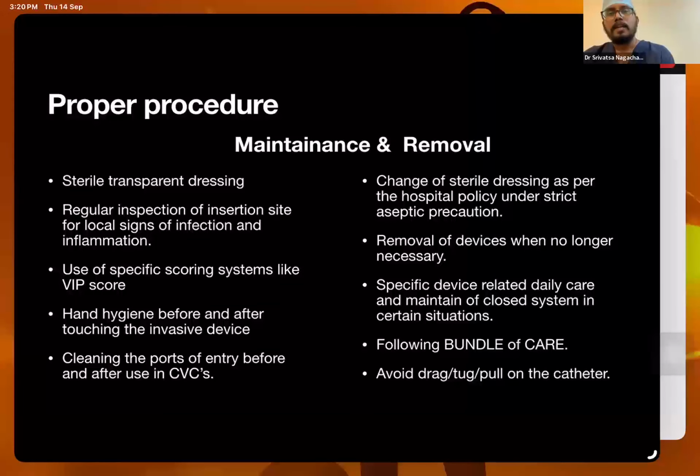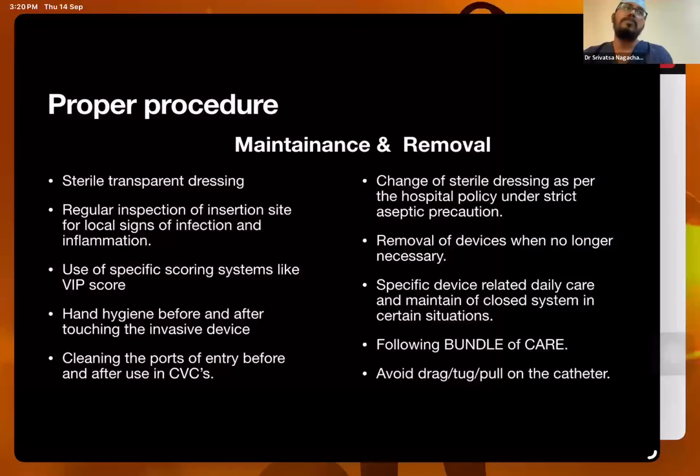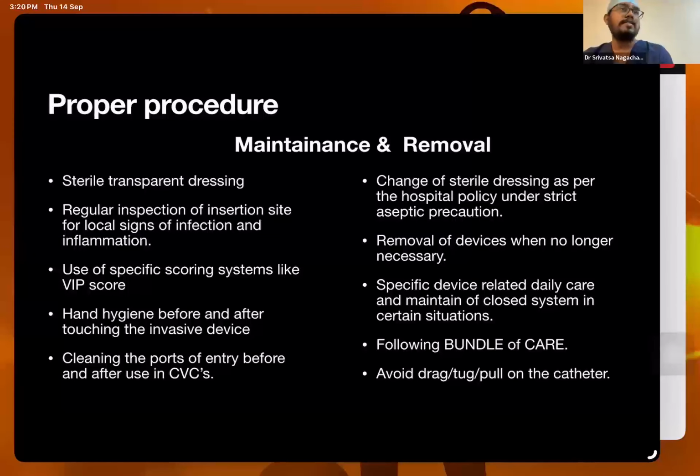With respect to peripheral cannulas, even they count as invasive lines, because without a cannula you can never give care. A cannula is a basic, foremost thing in any ICU. Whenever you use a peripheral cannula, also use a scoring system, especially to monitor for thrombophlebitis. And as I told you, choose an appropriate size.